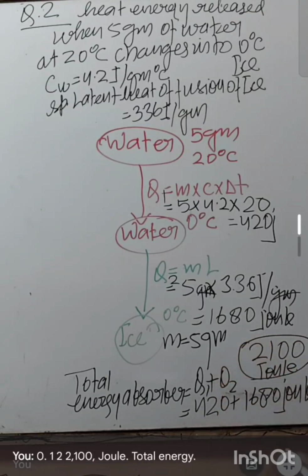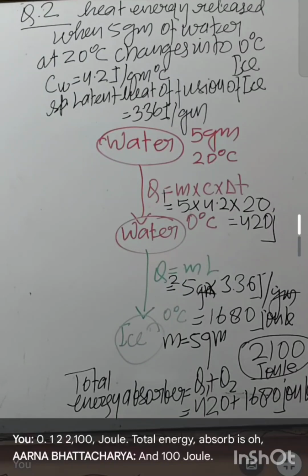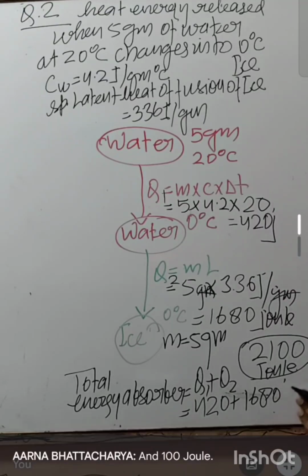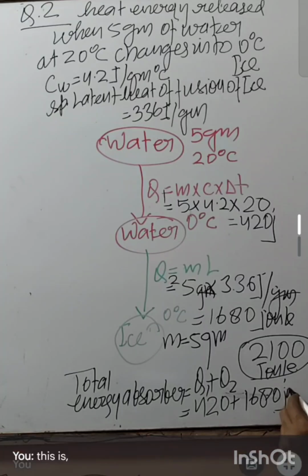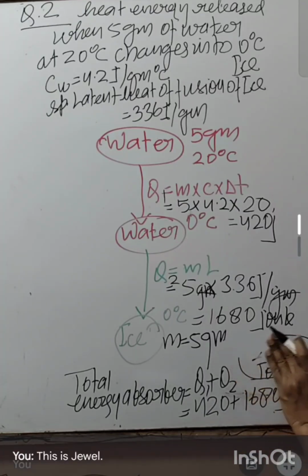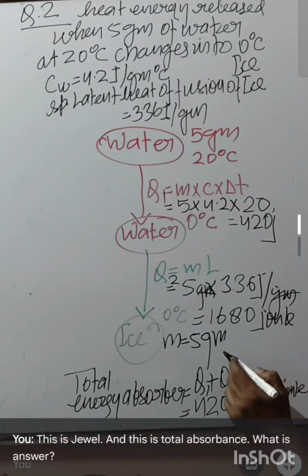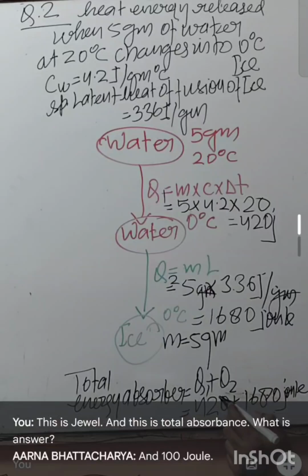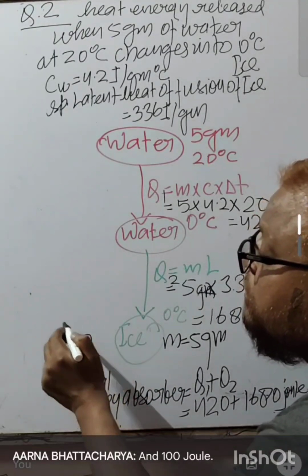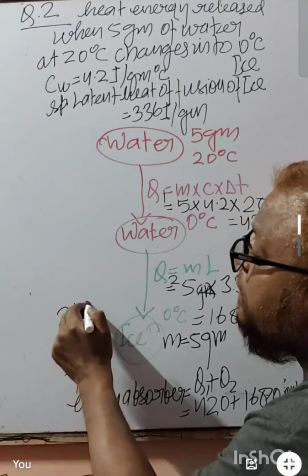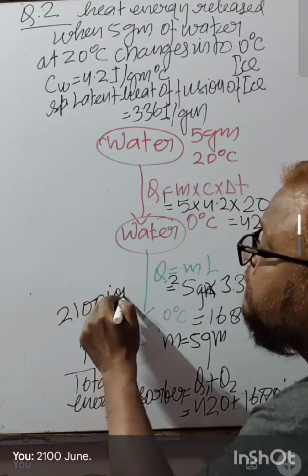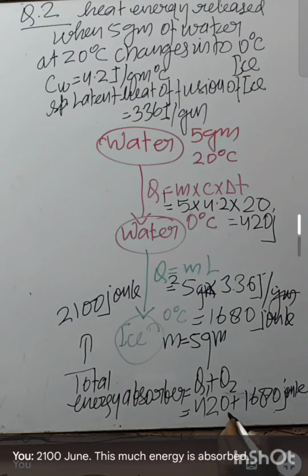Total energy is 2100 joule. And this is joule, what is the answer? Sir, 2100 joule. This much energy is released, right? Yes, sir.